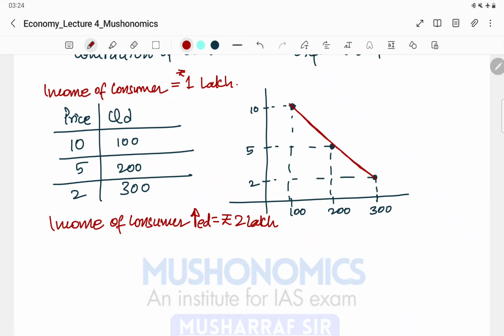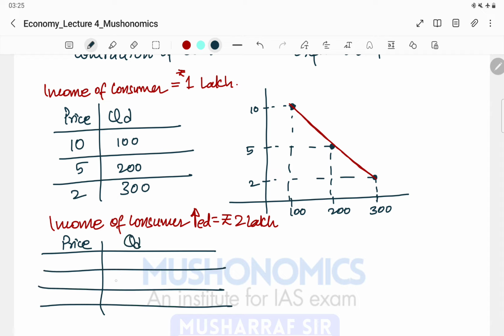What will happen? Now for the same price, price is not changing, quantity demanded will increase. The price will remain the same, 10, 5 and 2, but the quantity demanded may increase.